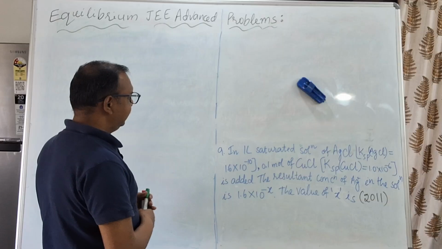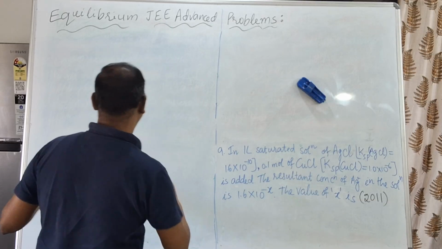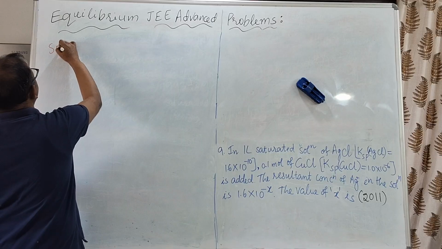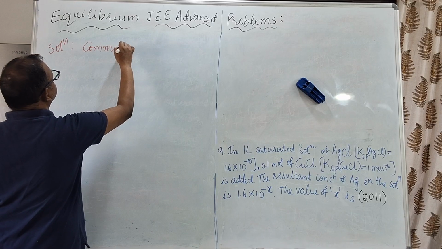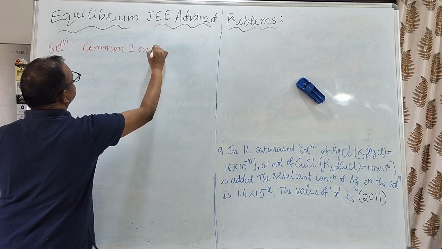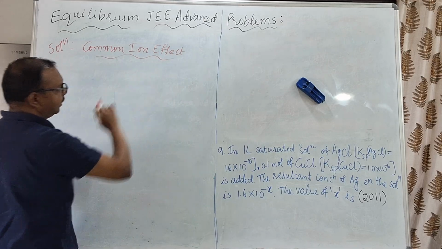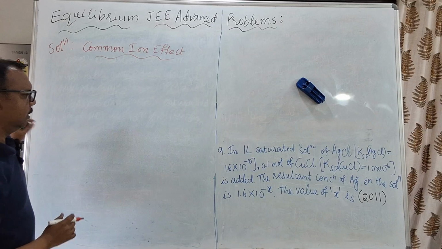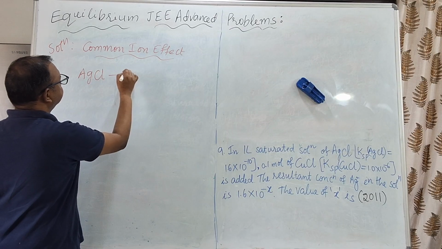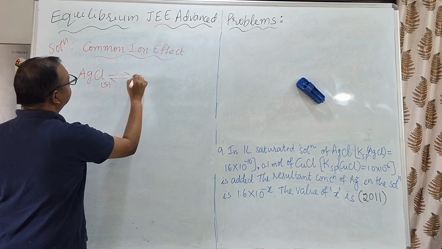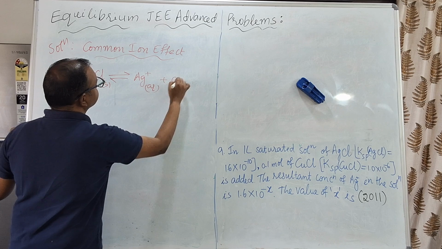Now, see here, it is based on the common ion effect concept. Let us see the question here. For example, if you take AgCl, AgCl gives rise to Ag plus aqueous and Cl minus aqueous.